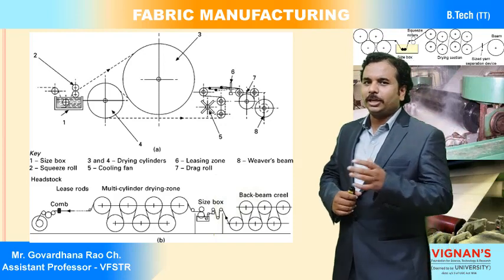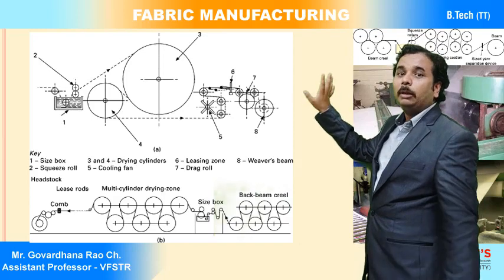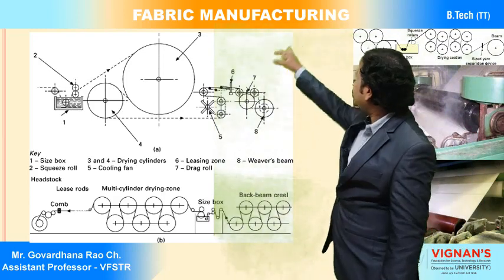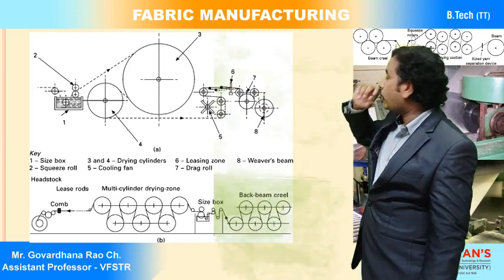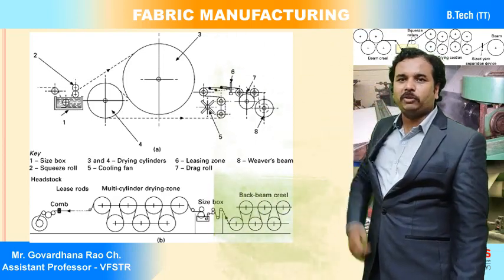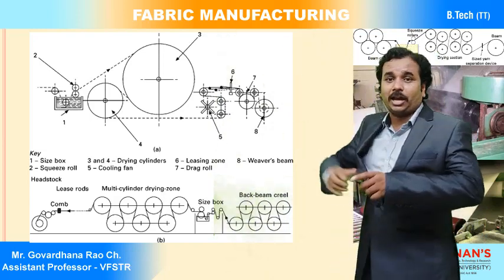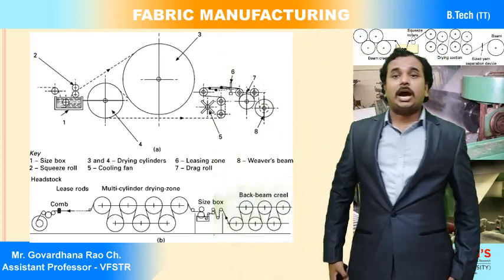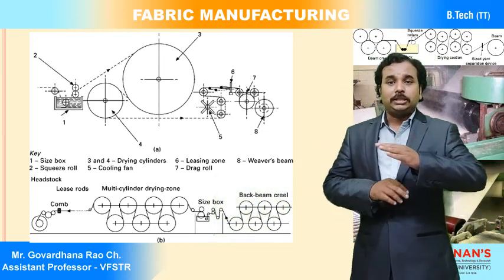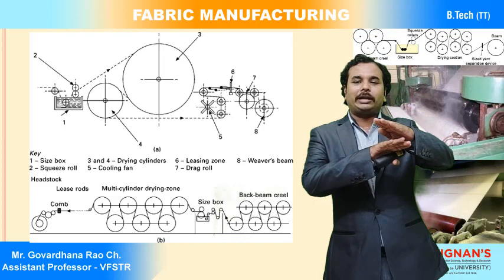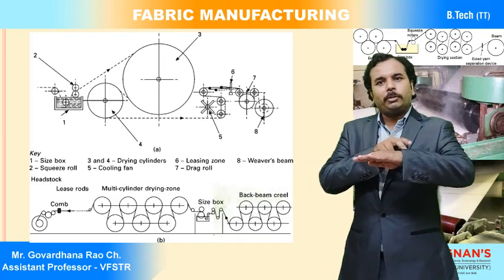Okay, so just see why we are using a minimum of two cylinders. The warp sheet which passes above cylinder 1 is in contact with the cylinder on only one side of the yarn. Assume the yarn is circular. The circular yarn is contacted at one side of the warp sheet, but what about the other side?